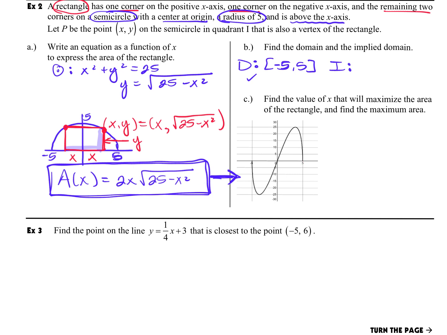If I choose 5 for x, I'm also going to get 0 for my area. So my implied domain is not inclusive, and will be 0 to 5. So when we're analyzing this graph, we're actually only ever going to analyze this part that's in the first quadrant. Now, I do like to label this axis.